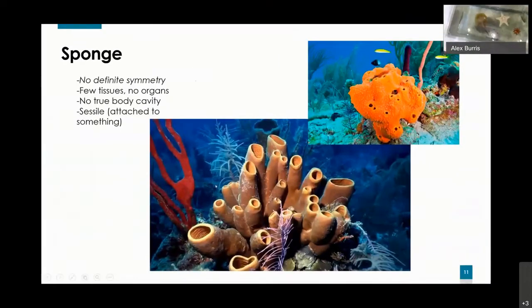This is something called a sea sponge. They're a very strange animal. They're one of the most primitive types of animals. They don't really have organs. They don't have very many tissues. They don't move. They stay attached to the thing. And they don't even really have a body cavity. So this is definitely one of the simplest animals, and they don't really have much symmetry at all either.